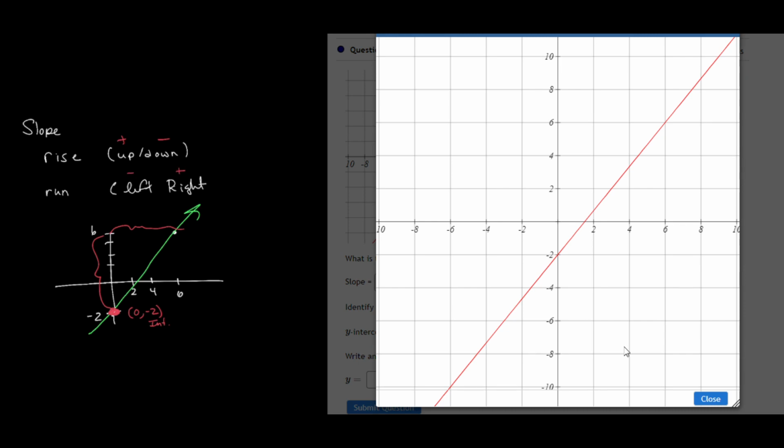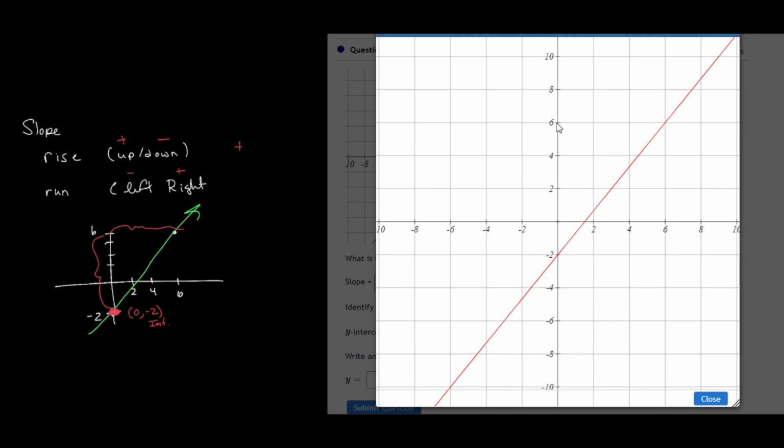So what I'm doing here is I'm going from -2 and I'm going up 1, 2, 3, 4 boxes. If I want to count it in terms of numbers, the scale on this axis is 2. So I'm going up 2, 4, 6, 8.